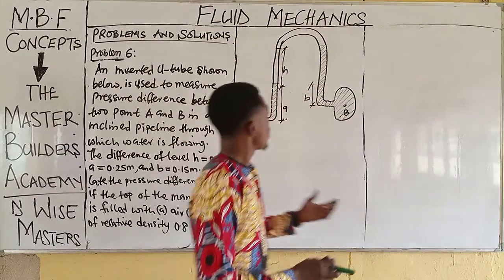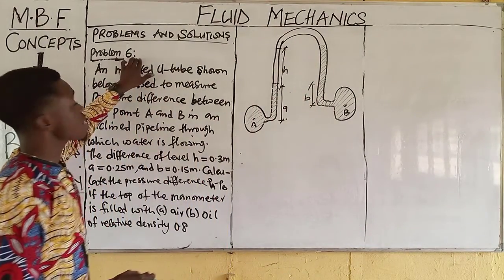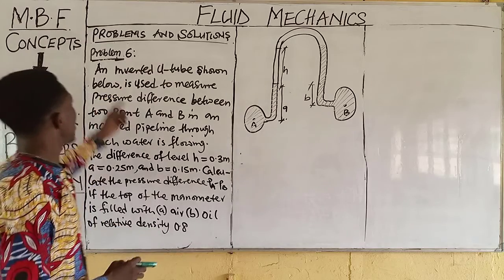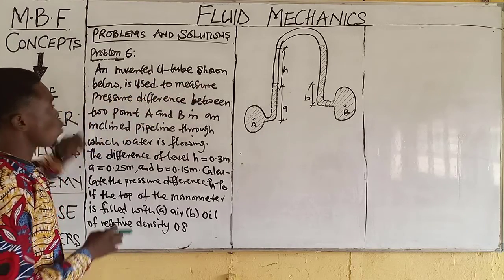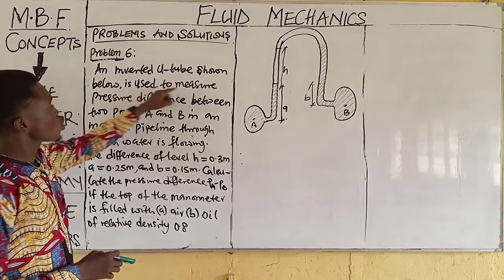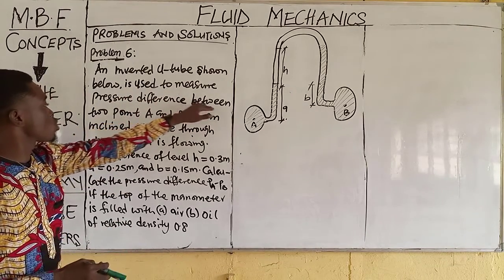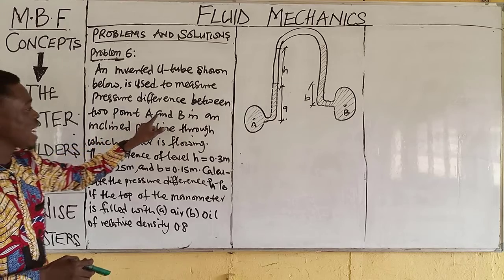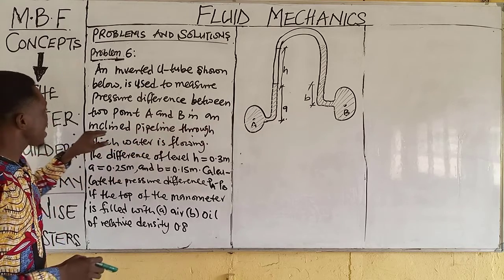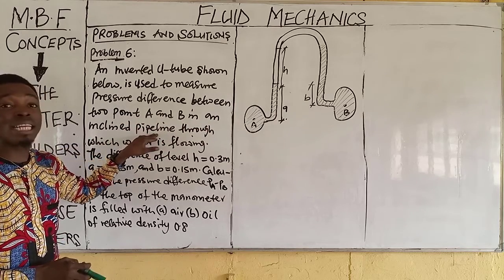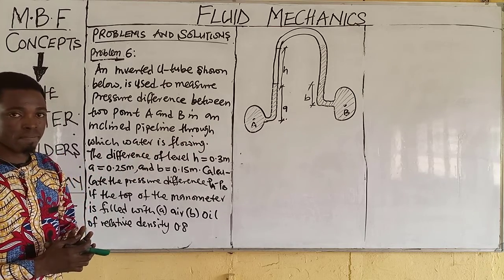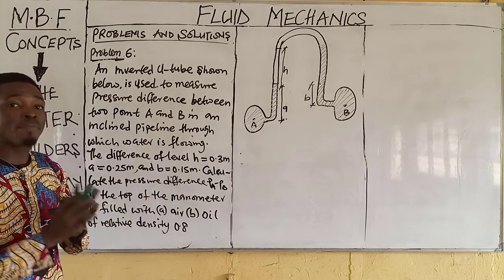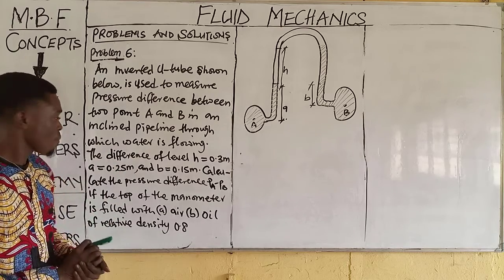Now guys, welcome back to this session. We have problem 6 on the board. An inverted U-tube shown below is used to measure the pressure difference between 2 points A and B in an inclined pipeline through which water is flowing. In this manometer, water is flowing through the pipeline.